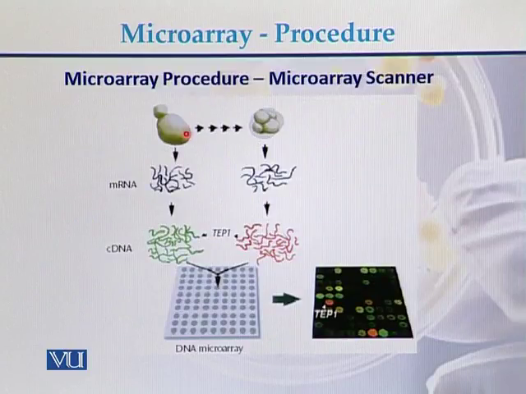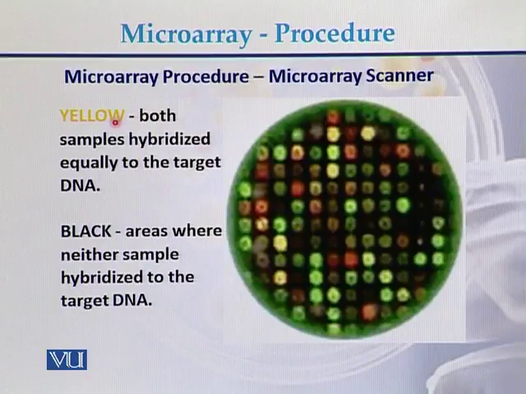If we compare why there is red fluorescence and green fluorescence: in the normal tissue sample, messenger RNA was purified, and this is the cancerous one, where messenger RNA was also purified. The normal gives the green fluorescence, while the cancerous gives the red fluorescence. So with the help of green and red, we can check the expression of the cDNA or RNAs in the cells.